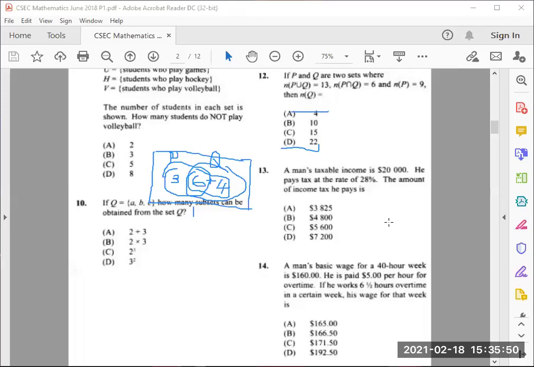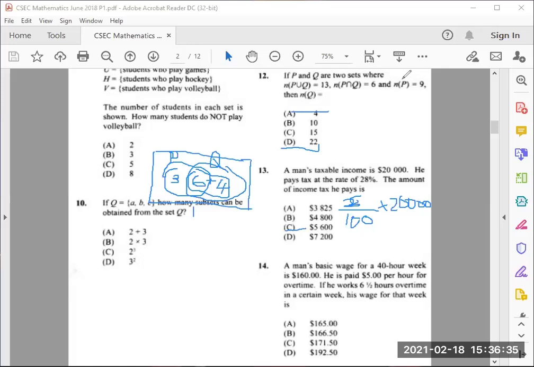I see Alia said C, and I see Tashela said C. And C is the correct answer. You find 28% of 20,000, so it's 28 over 100 multiplied by 20,000. All right, and you get C as your answer.